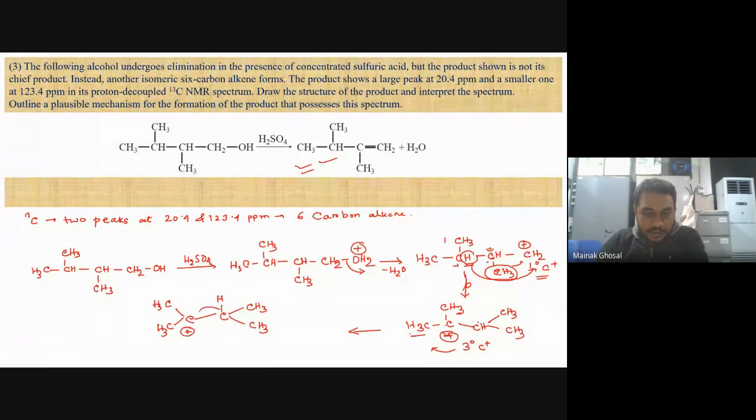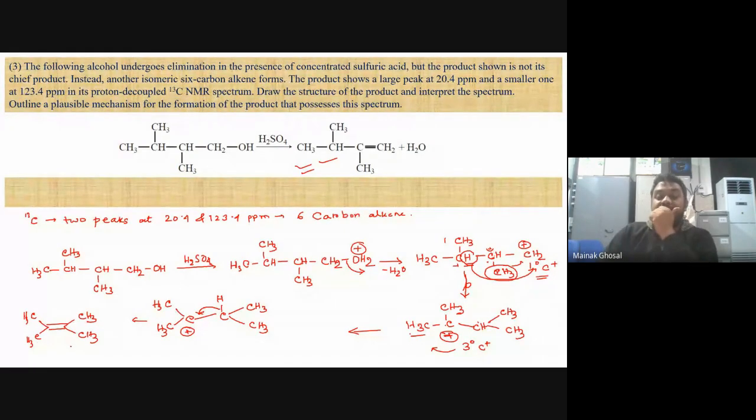Now this is a common process, this will lose a hydrogen. So you will get a tetra-substituted alkene, right? We have done some work on this in NMR, that these 4 methyl groups are there. This is some expected product.